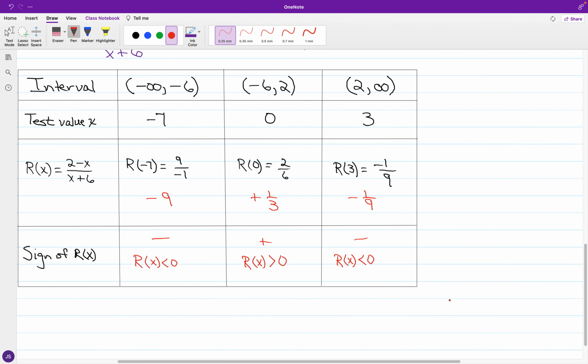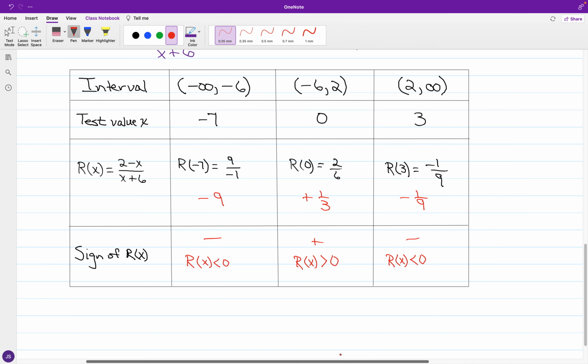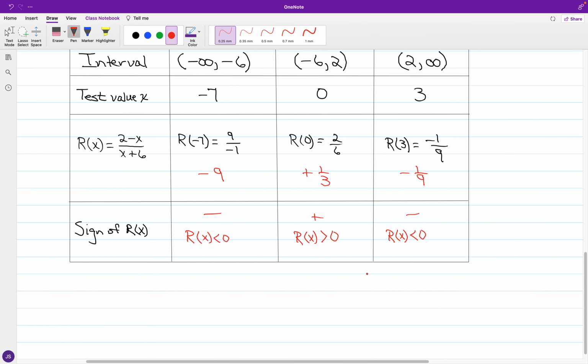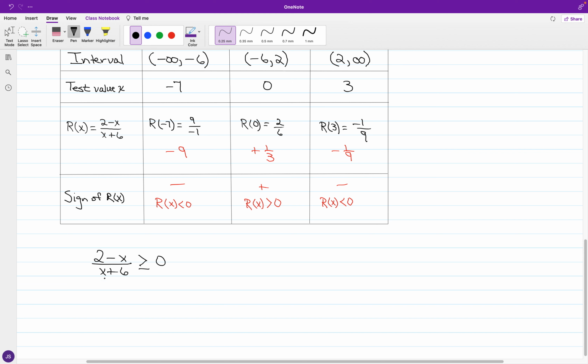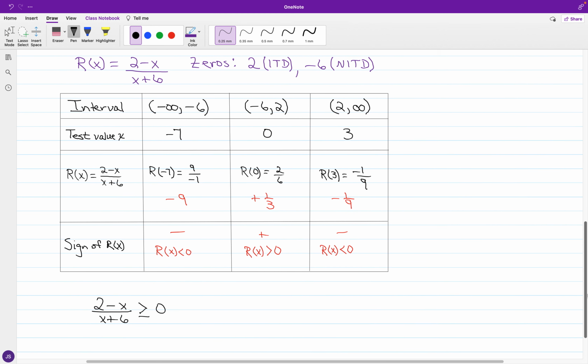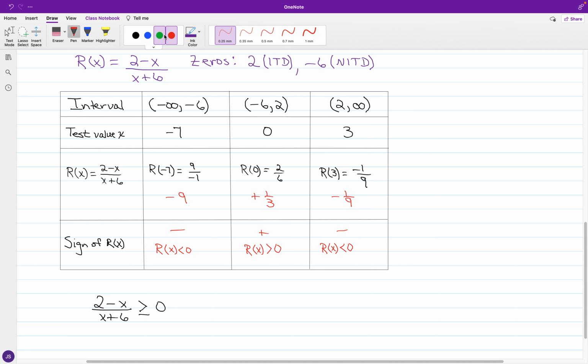And going back to our inequality, which we had as 2 minus x over x plus 6 is greater than or equal to 0. And again, 2 minus x over x plus 6 is already baked in as the function r of x.